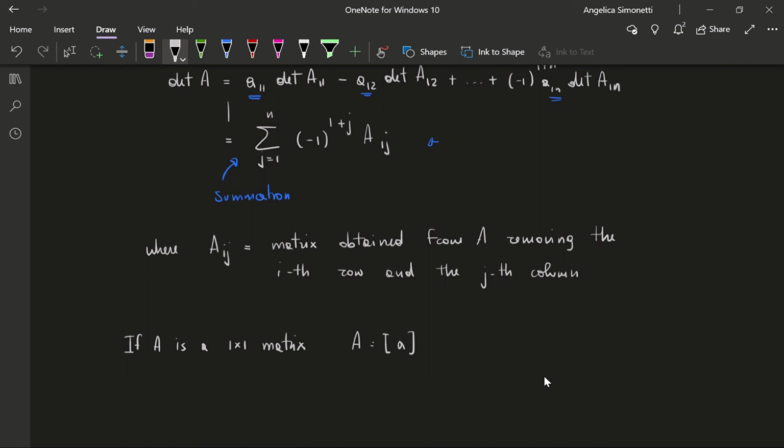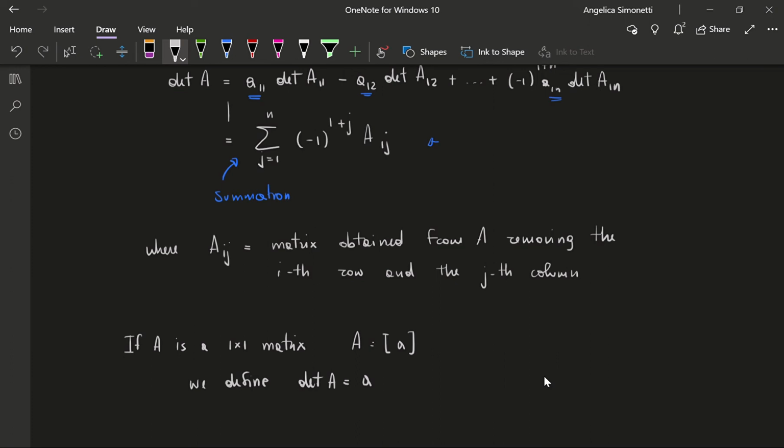It has one column, one row, so it has one entry. In this case, we define the determinant of A to be the only entry, the only real number you have. So it's going to be A.